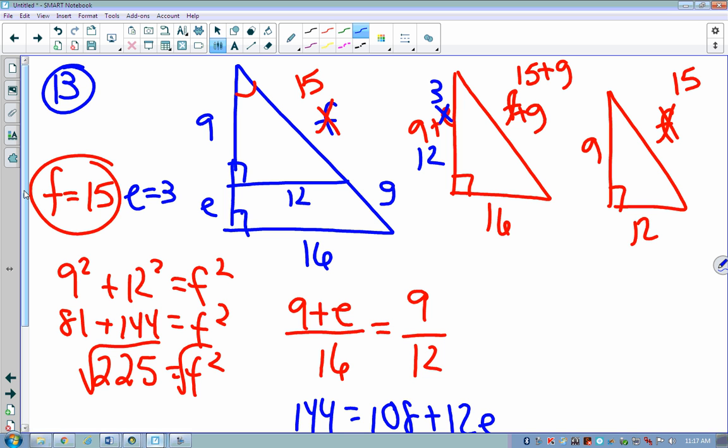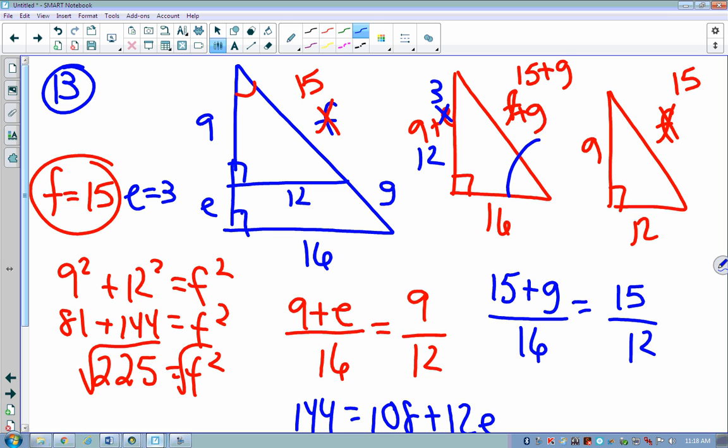So we can do 12 over 16, or sorry, no, we need to actually use the part that we need, which is G. We can do 15 plus G over 16, okay, equals what? 15 over 12. Okay.